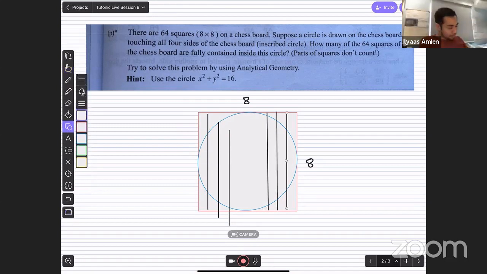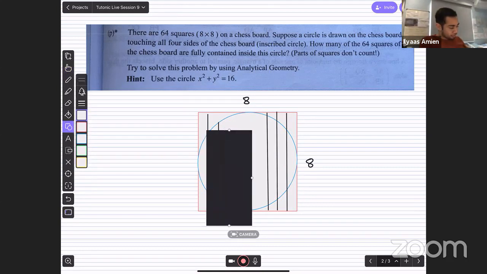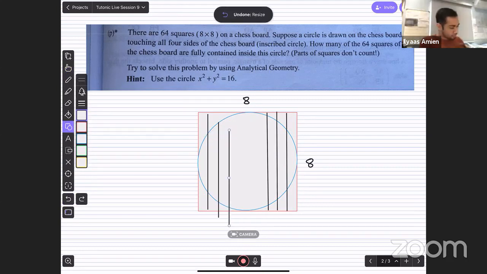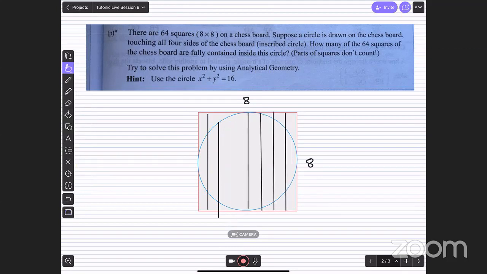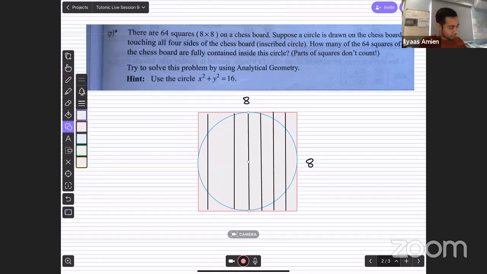You never know, they might even know, but this is more of a level 4 question. 1, 2, 3, 4. You only have 7 lines.